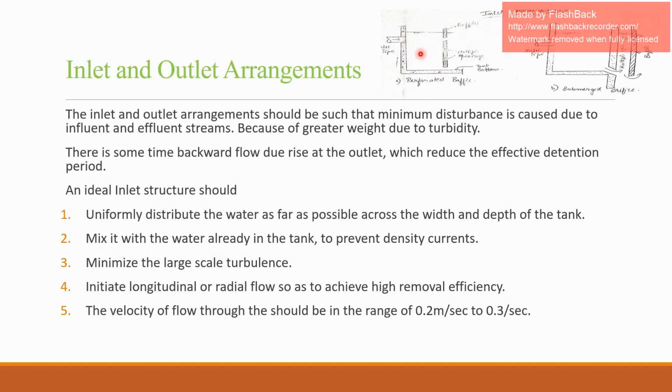The fourth one, you should achieve maximum longitudinal or radial flow to achieve high efficiency, and the velocity should be in between 0.2 meter per second to 0.3 meter per second.